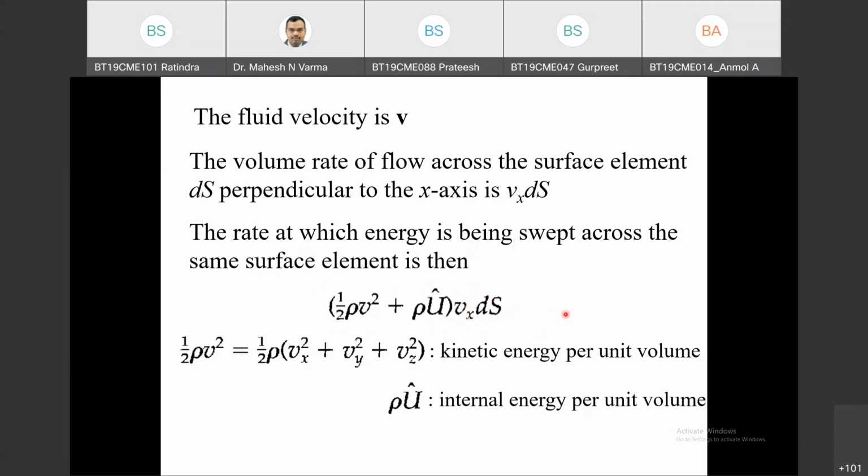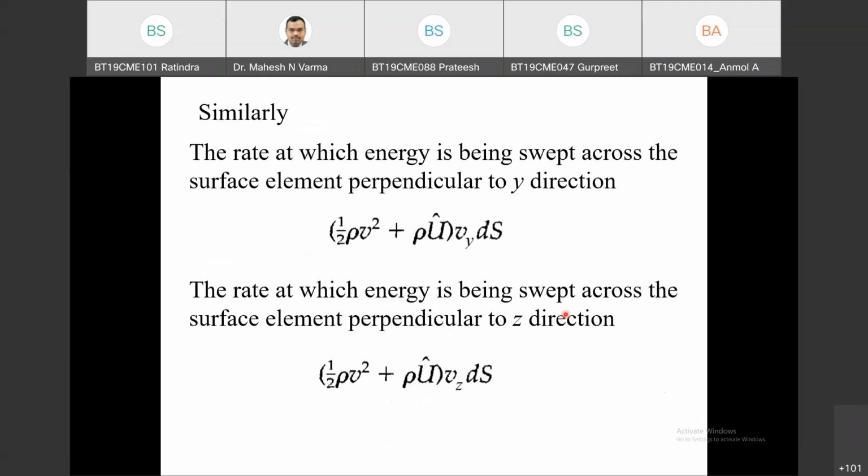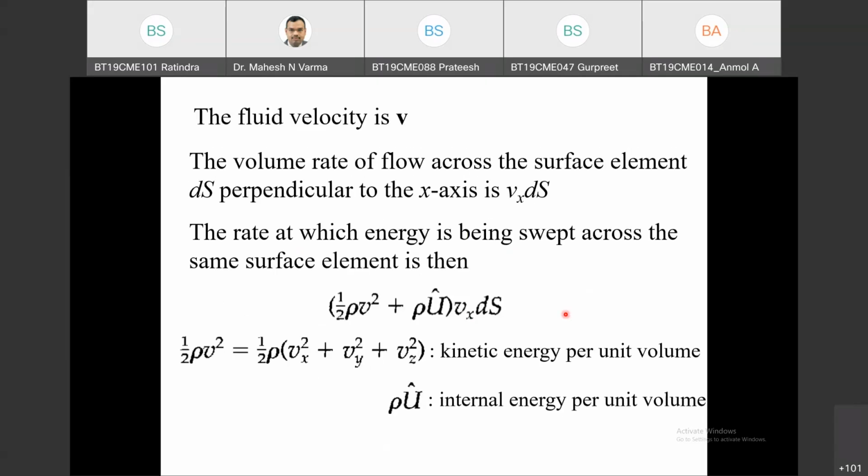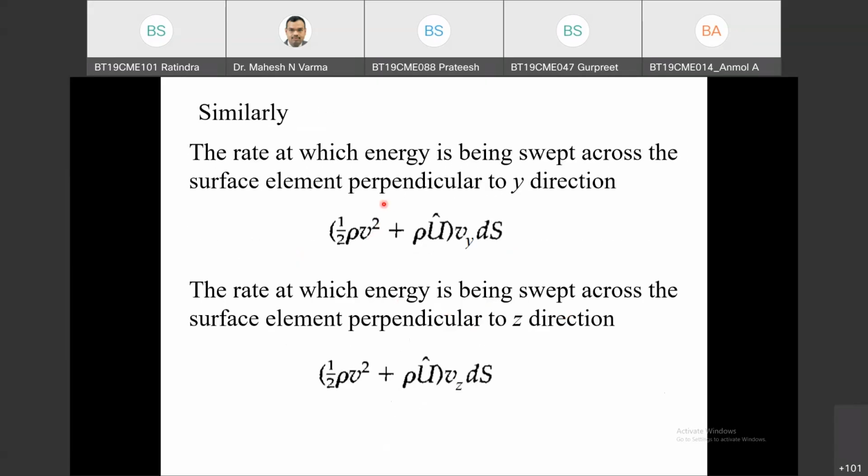This is the convective energy flux in the x direction. Similarly, this is the rate of energy flowing in the y direction because of convection, and this is the rate of energy flowing in the z direction because of convection.